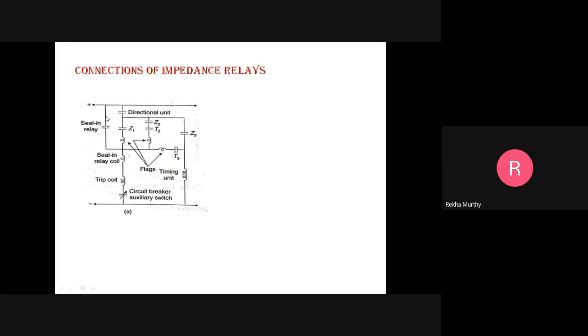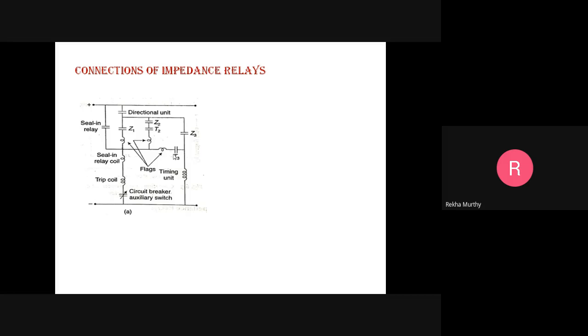Z1, Z2 and Z3 represent the impedance relays, whereas T2 and T3 are contacts of the timer for the second and third zone respectively.